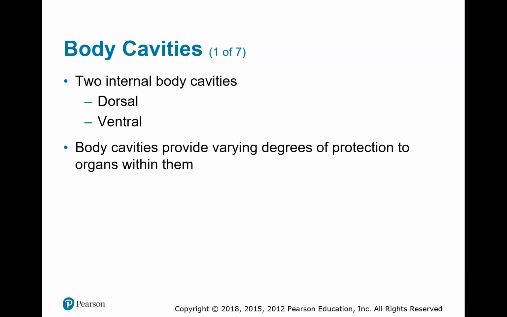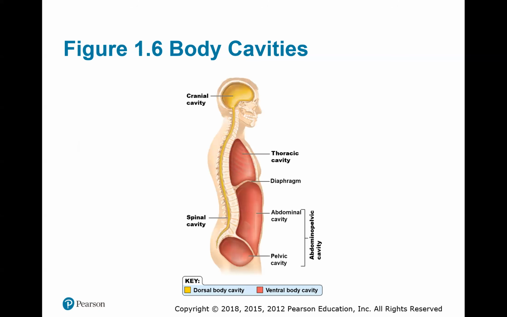You have the dorsal and you have ventral. Remember, if we think of dorsal, we're referring to posterior, which is the back. And then we have ventral body cavities, which would be anterior or the front. And again, they're going to help provide protection to the organs that lie within these body cavities, as well as secrete fluid to help reduce any friction.